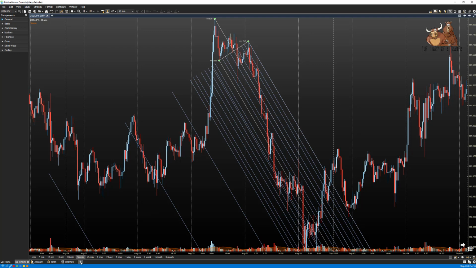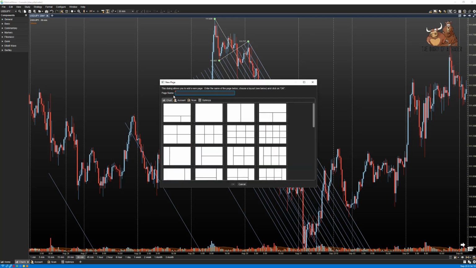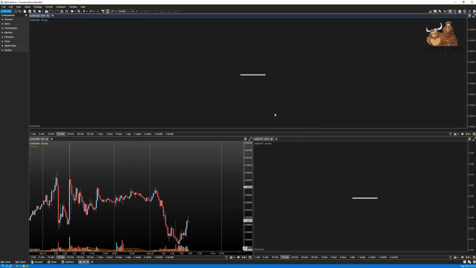One of the nice things is that if I want to do multi-timeframe analysis, I can. I trade the Ichimoku system a lot.